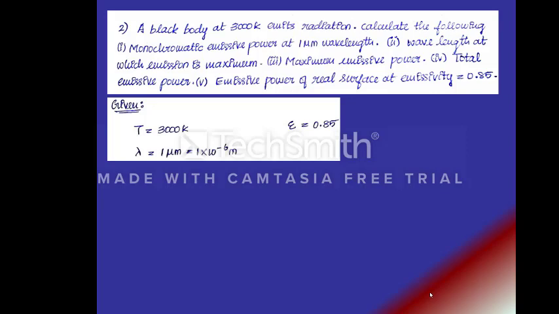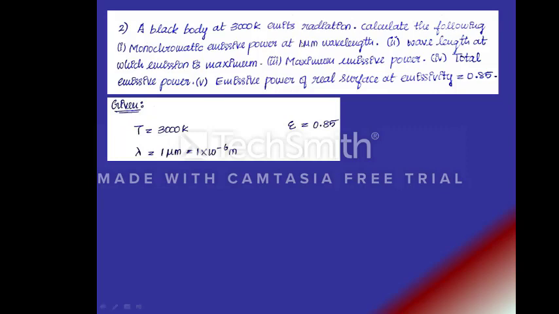So what is given in the problem? First thing is, it is a black body. You can assume it to be a black body and calculate everything. We have to calculate monochromatic emissive power, that is E_B lambda at a lambda of 1 micron. Then wavelength at which the emission is maximum, that is lambda max, and maximum emissive power, that is emissive power at the corresponding lambda max, then total emissive power E_B.